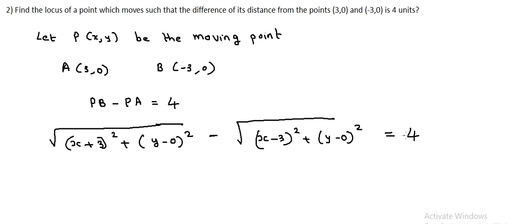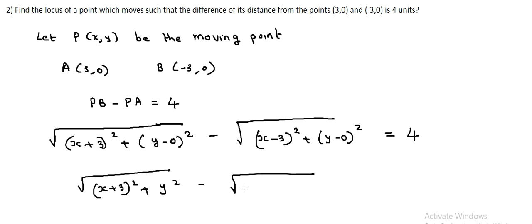This is equal to 4. This implies root of (x plus 3) whole square plus y square, minus root of (x minus 3) whole square plus y square, is equal to 4.